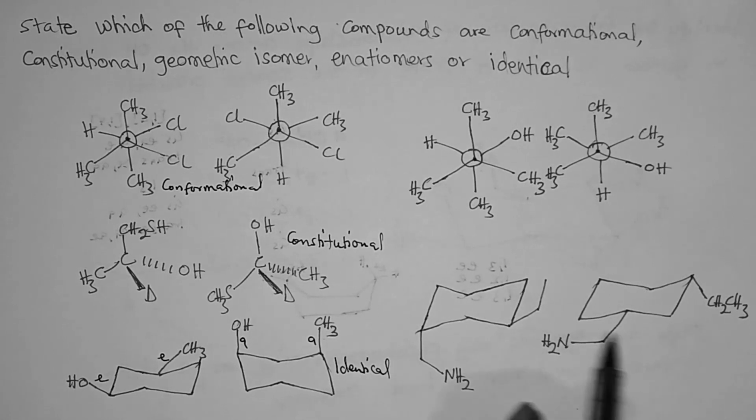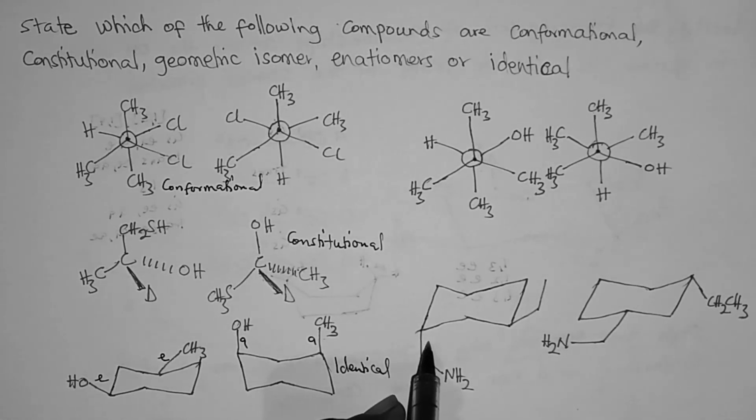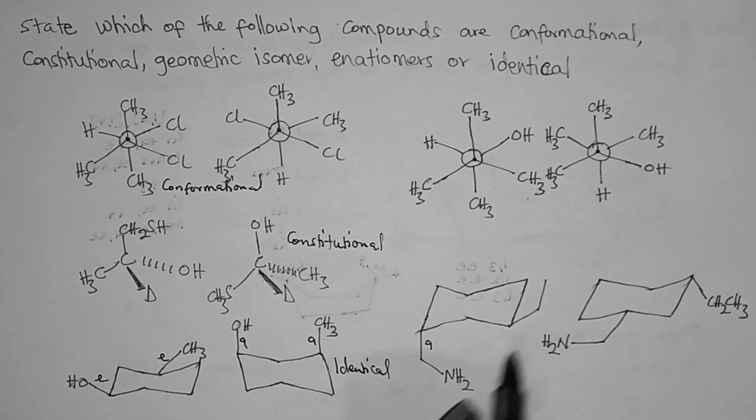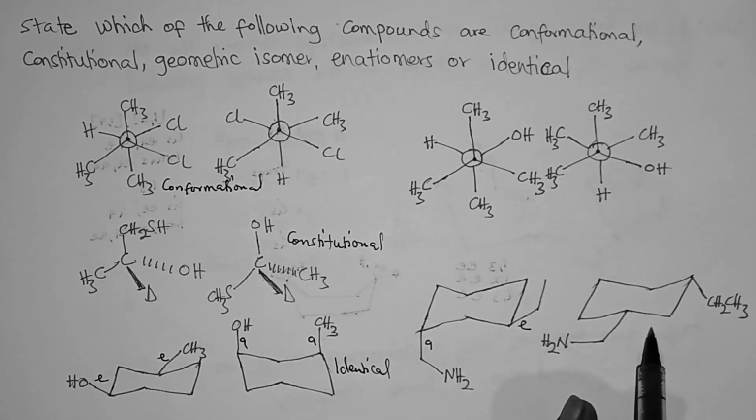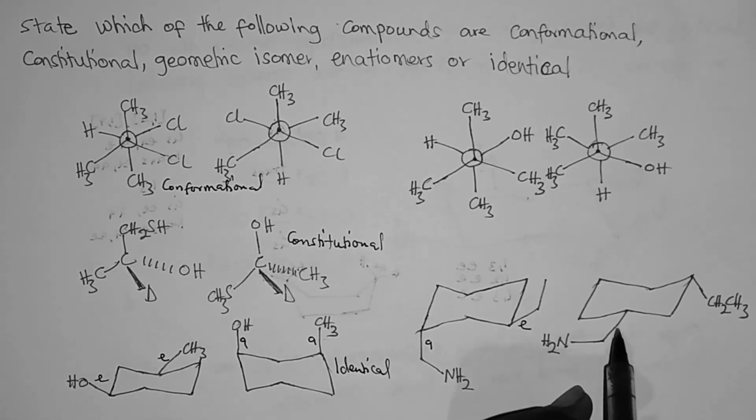And then let's talk about this. So here is an axial position, and this is our equatorial position, AE. There is no ring flip, still 1-3. And with the 1-3, this is an equatorial position, and this is also an equatorial position.